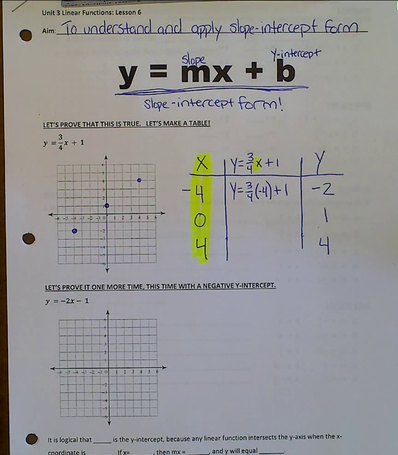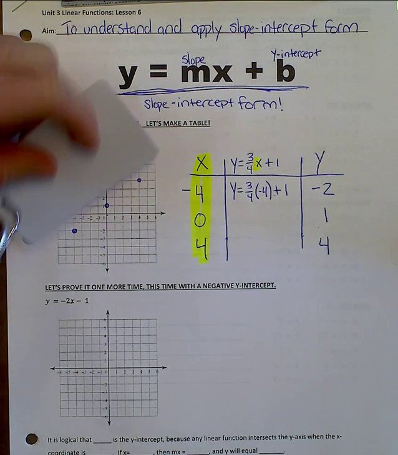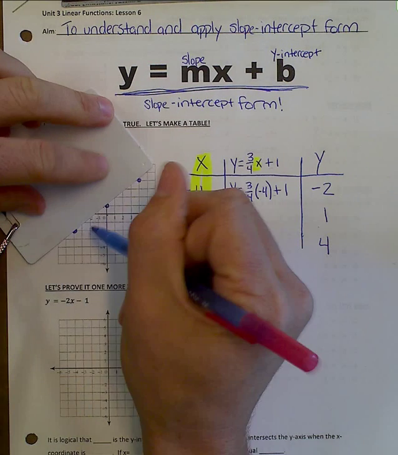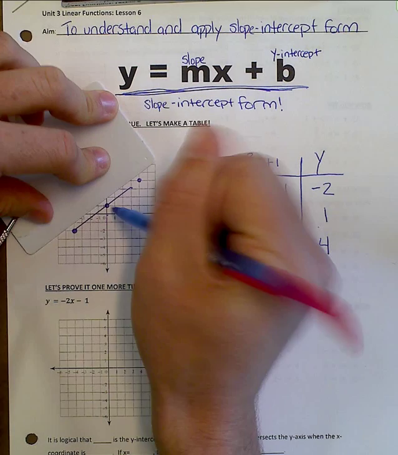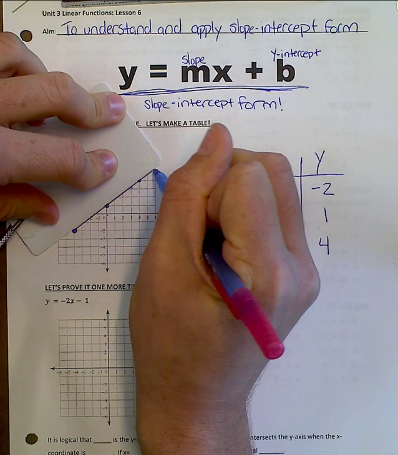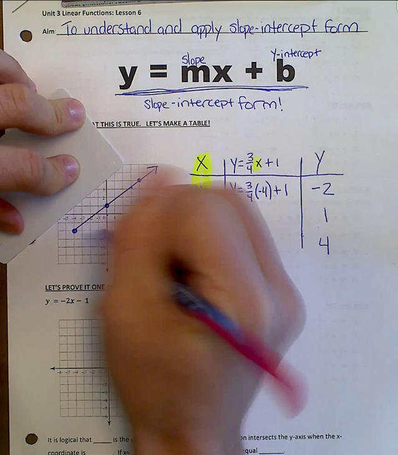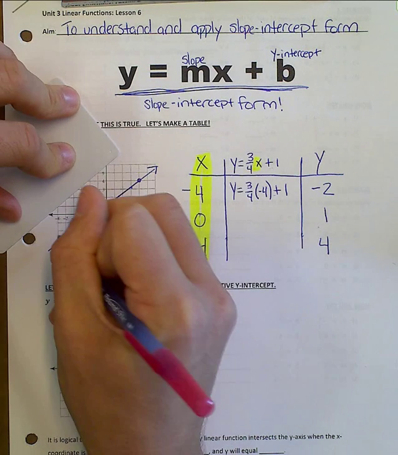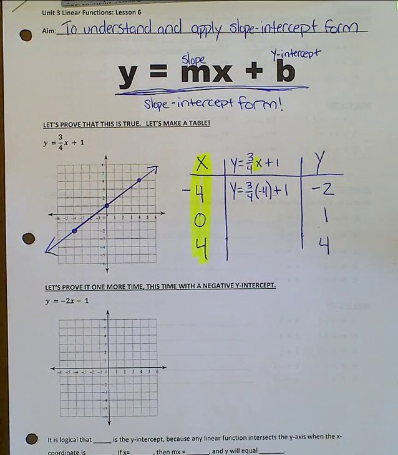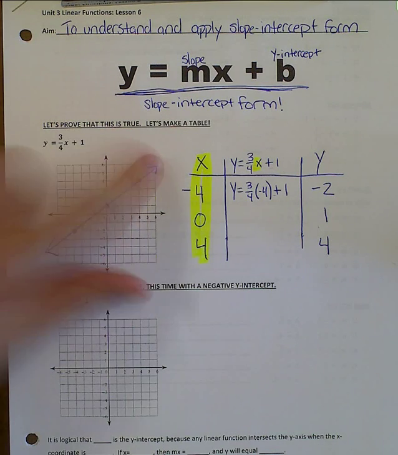If I take my ruler here and connect the coordinates, remembering that this goes on and on forever, so I draw arrows and extend my line, we can see that this line is increasing. It's going up. So we proved it.